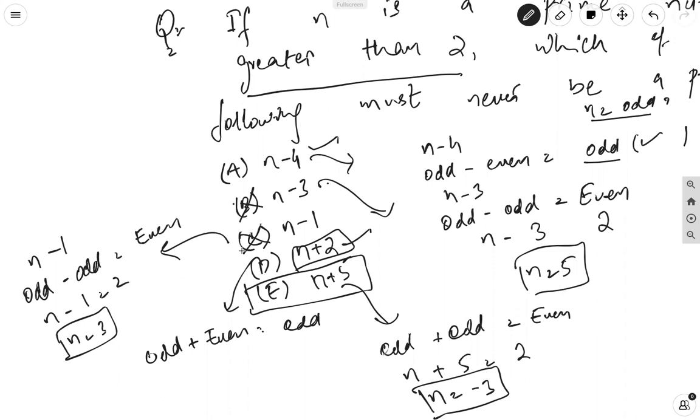I have just one more question for you, a sort of homework. Try to solve it using the even and odd concept. It is a bit similar to an exam question. Just take a note of this.